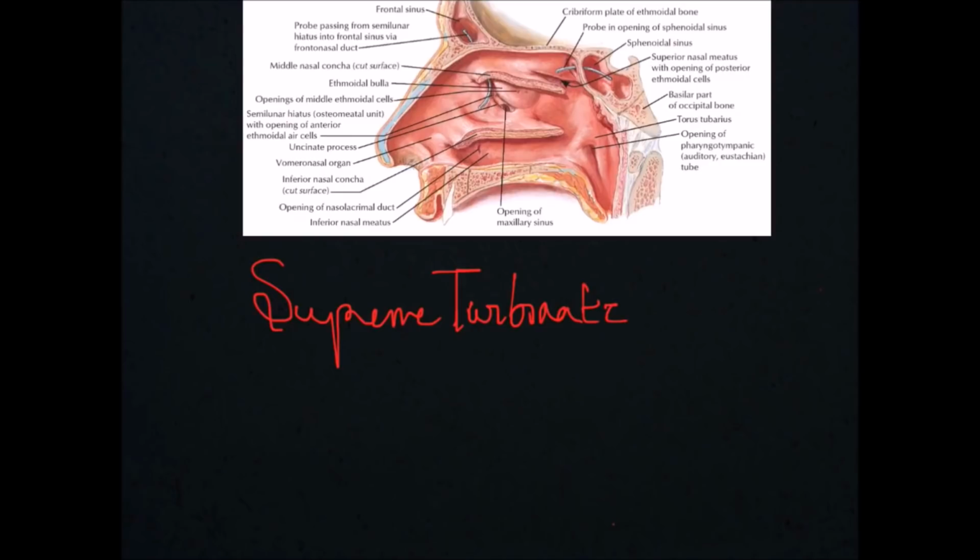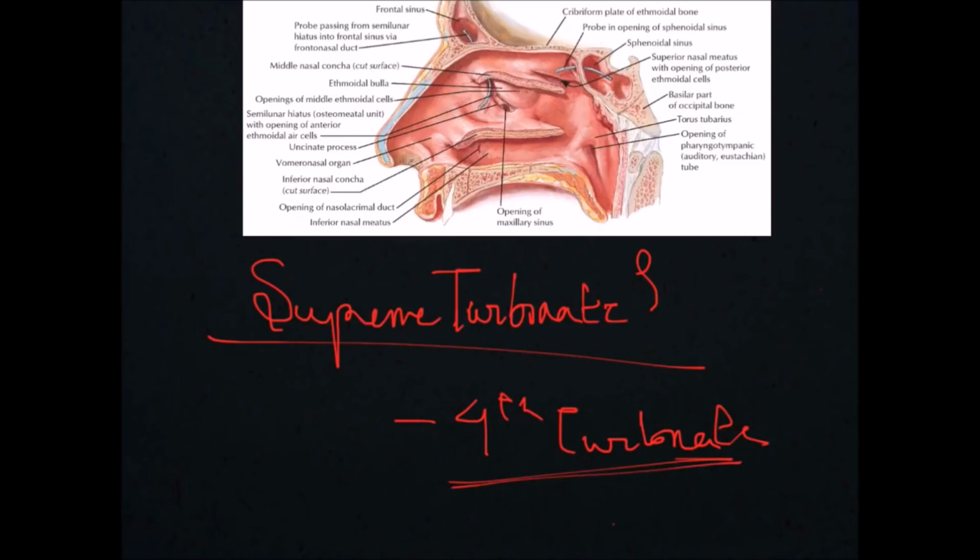It is present above the superior turbinate, and it is the 4th turbinate. You must remember this from the MCQ point of view. Nothing is clinically correlated to this. And where do the sphenoidal air cells open? They open in the spheno-ethmoidal recess. That is the gap between the sphenoid and the ethmoid, the spheno-ethmoidal recess.